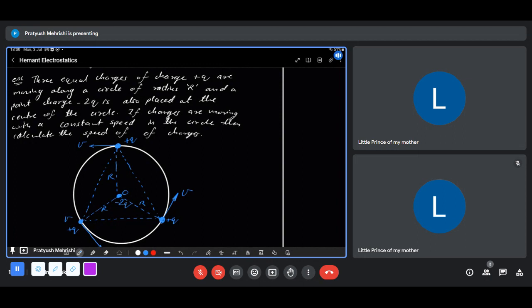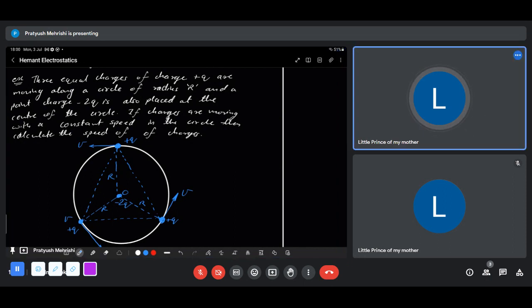What should be that inward force? Electrostatic force here is the inward force. So here electrostatic force will act as centripetal force, and centrifugal force mv square by r will be balanced by that centripetal force. Getting it?